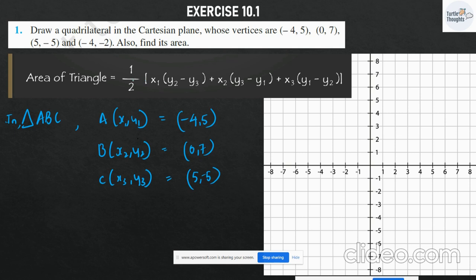Now if I substitute the same in the formula, I will be getting area of triangle ABC equal to half multiplied by x1, which is minus 4, multiplied by y2 minus y3, so 7 minus of minus 5, I will be getting plus, right? Plus 0 multiplied by minus 5 minus 5, plus 5 multiplied by 5 minus 7, right?